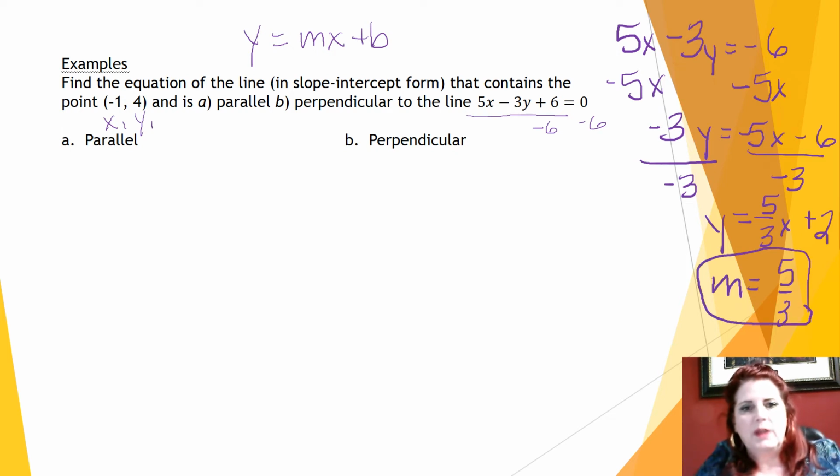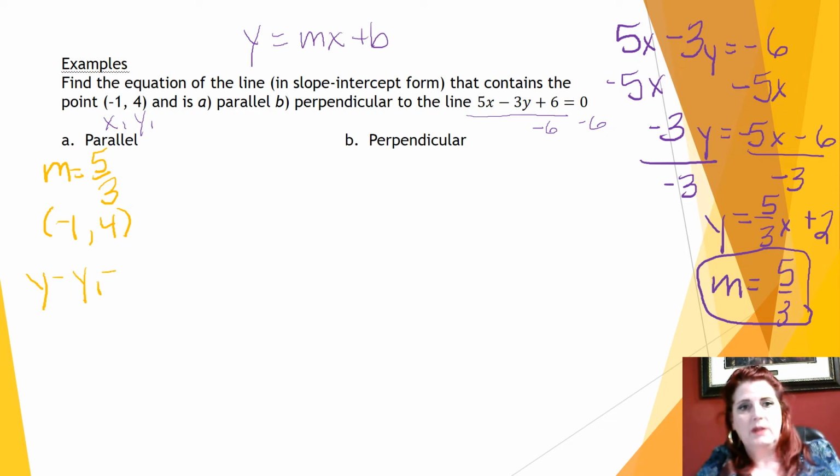So when I go over to find a parallel line, that slope is going to be 5/3. It's going to be the same. And we're going to use that point, -1, 4. And so we're going to use the point slope form. y minus y1 equals m times x minus x1.